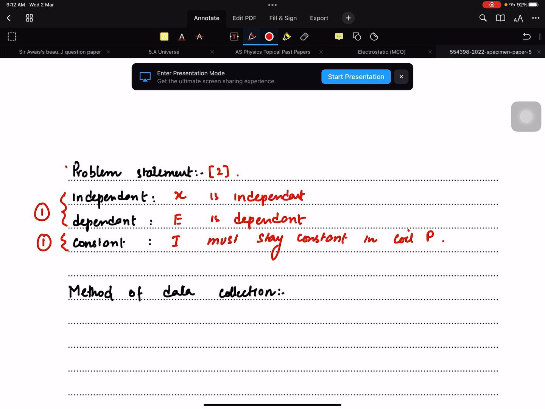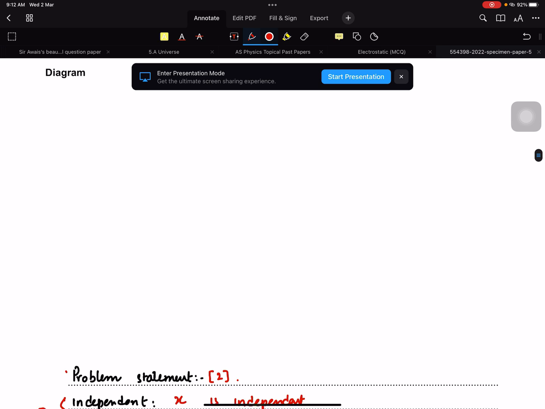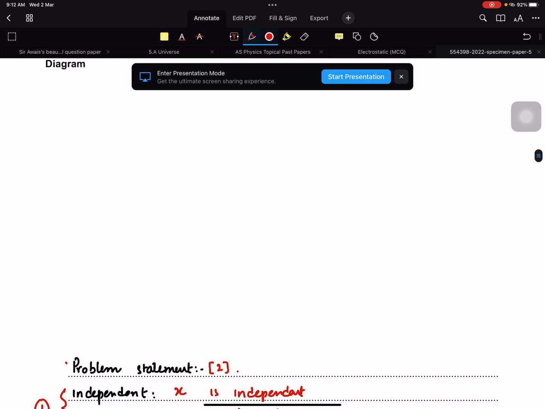So the ideal way is to make a detailed diagram. Now if you look at it, there are two coils. I'm going to make a coil. Give them a space and make sure it is a neat drawing, well built.